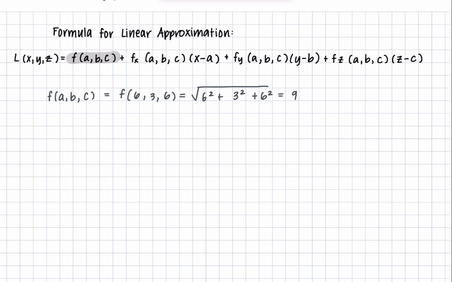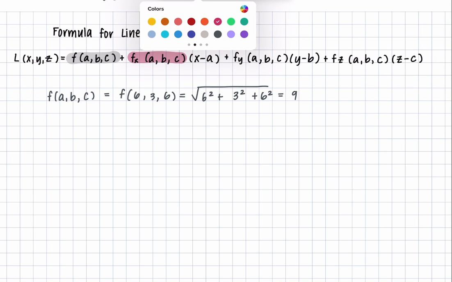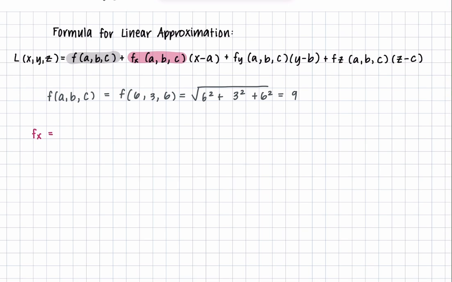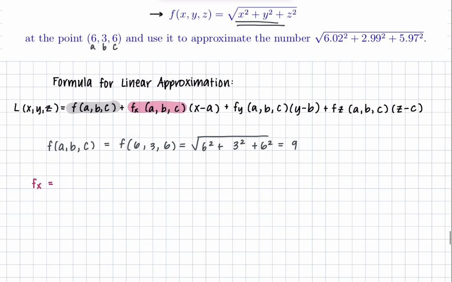For this part, this is the partial derivative of the function f with respect to x. So I'm going to write the partial derivative with respect to x. I'm going to rewrite this function as x squared plus y squared plus z squared to the power of 1/2.